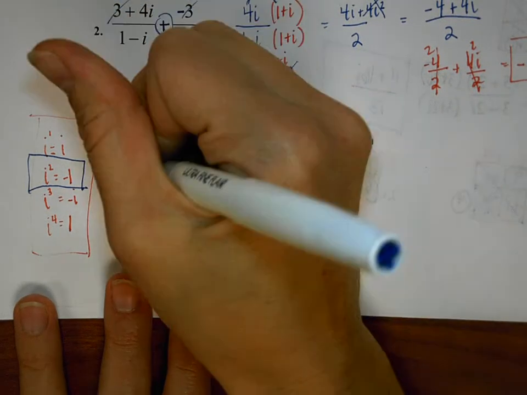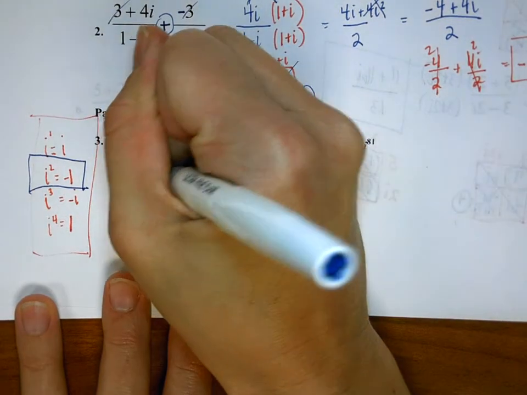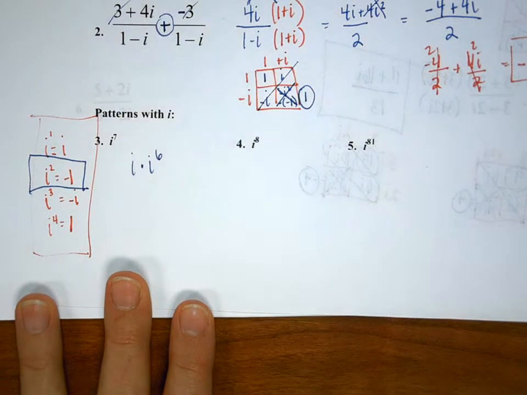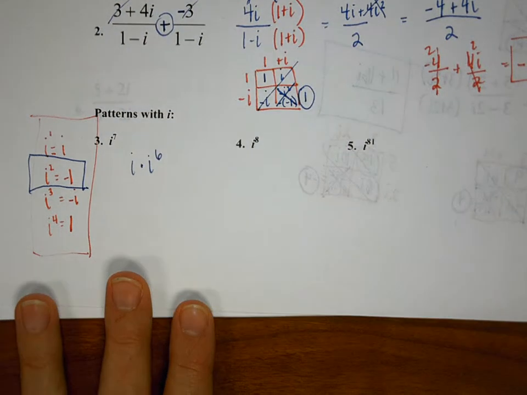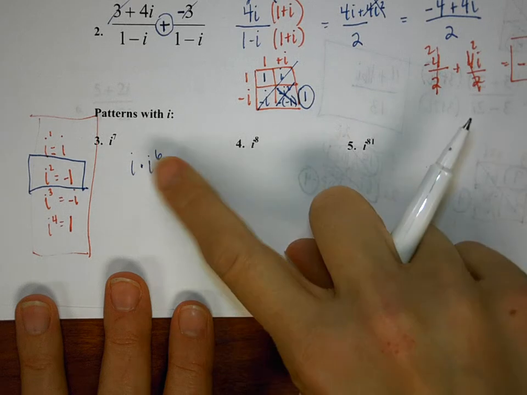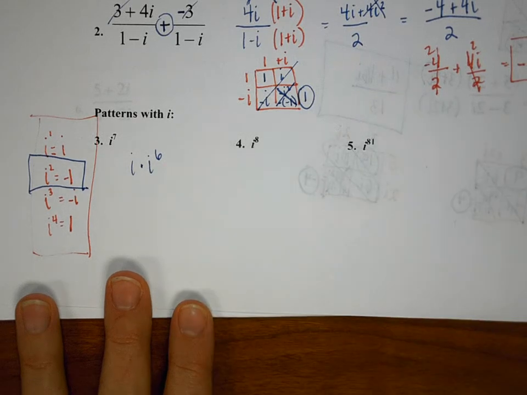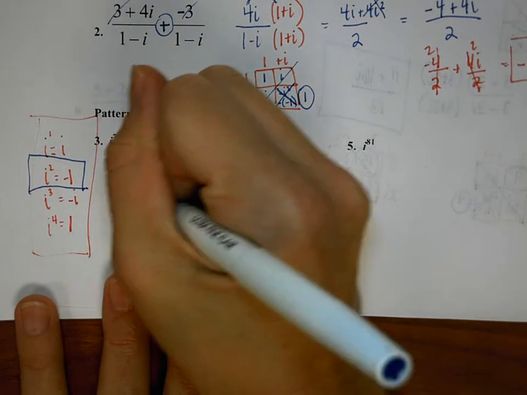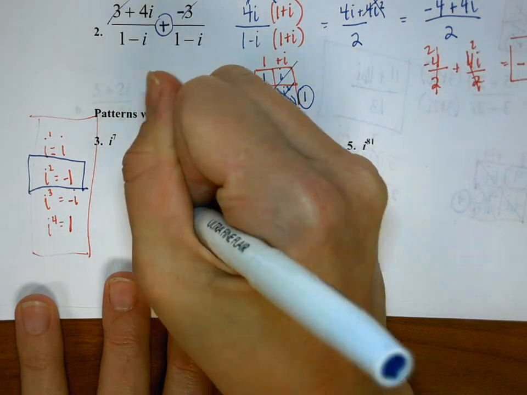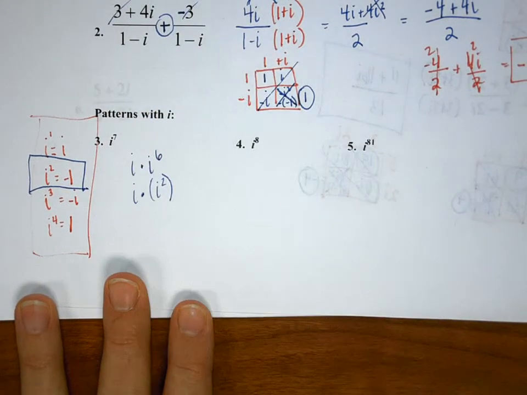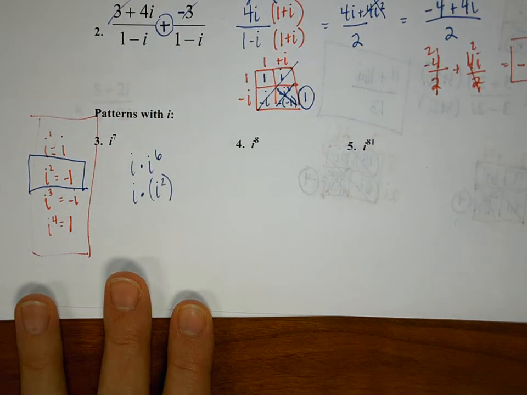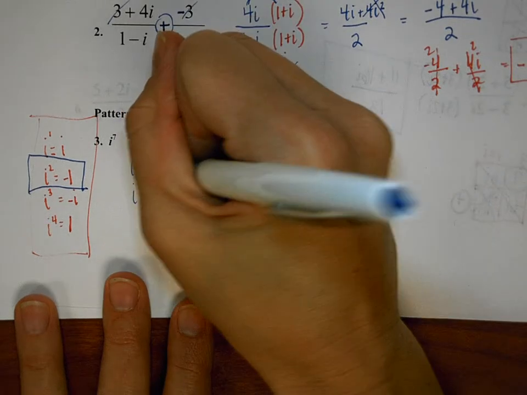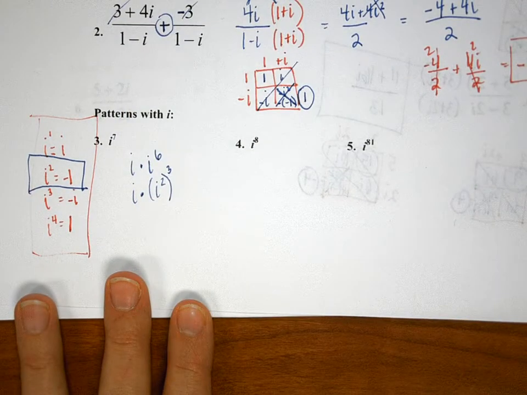So I would write this as i times i to the 6th, because 1 and 6 makes how much? 7, okay? I can write the 6 as a square though, can't I? So I'm going to write this now as i times i squared to which power? The 3rd. Because 2 times 3 is 6.